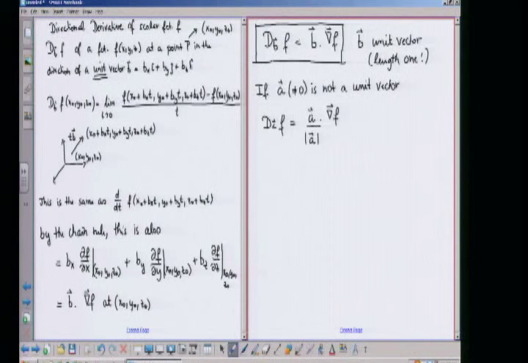Any questions? So let me give you an example. Let's take the following function of x, y, and z: 2x squared plus 3y squared plus z squared.